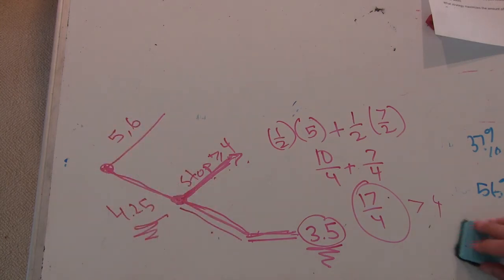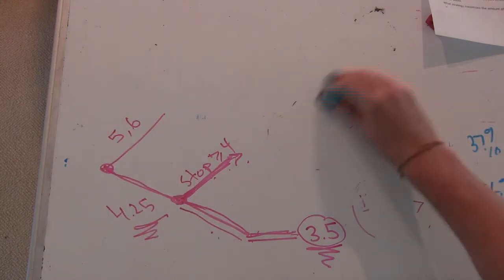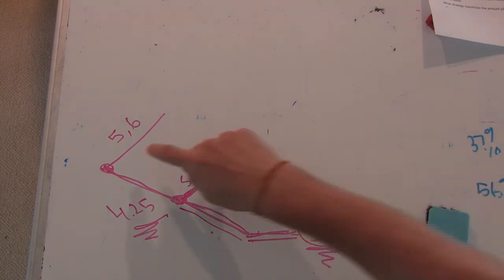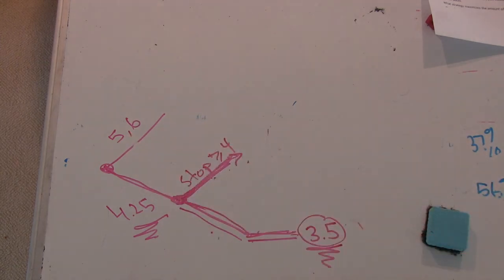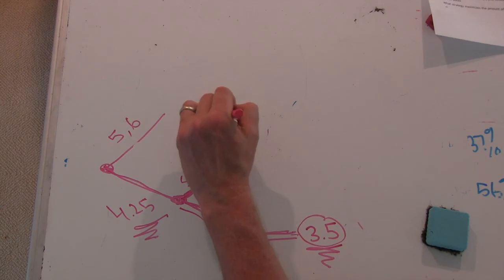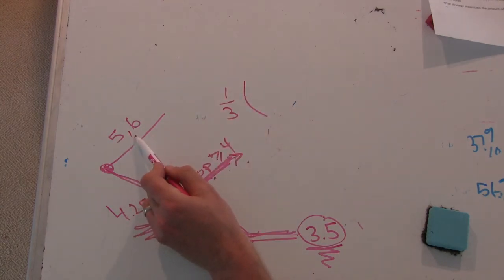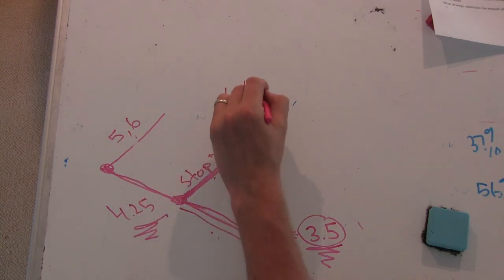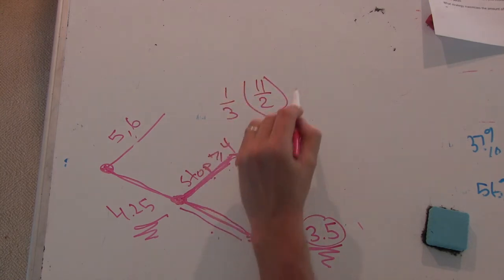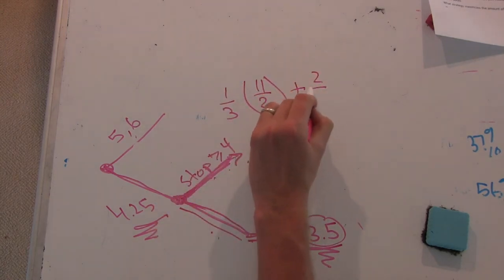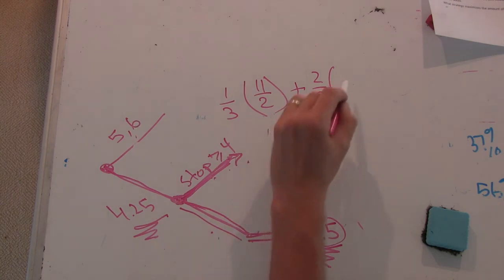So now my expected value for the whole situation, since I'm now stopping a third of the time here, is 1/3 times 5.5, 1/3 times 11 halves, plus 2/3 times 17 fourths.